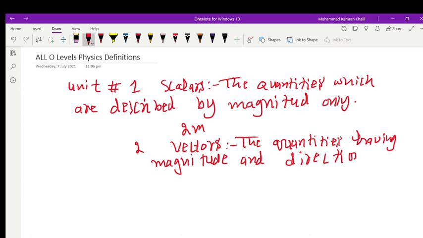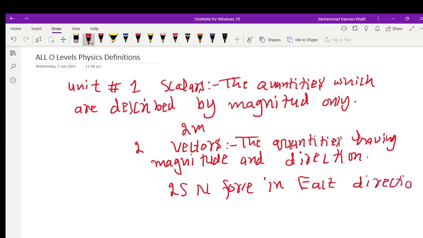Certainly the unit is required in both. For example, 25 Newton force in east direction, or in a straight line, there is also a particular direction. The next definition.